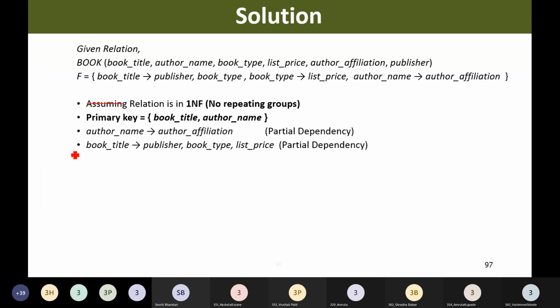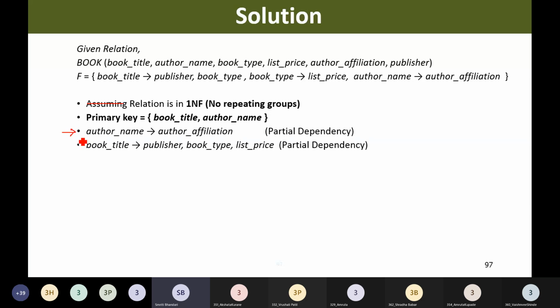Remove the partial dependencies, and I need to decompose this original book relation into several relations. Do you agree with me? Yes? Now, let us follow our rule.